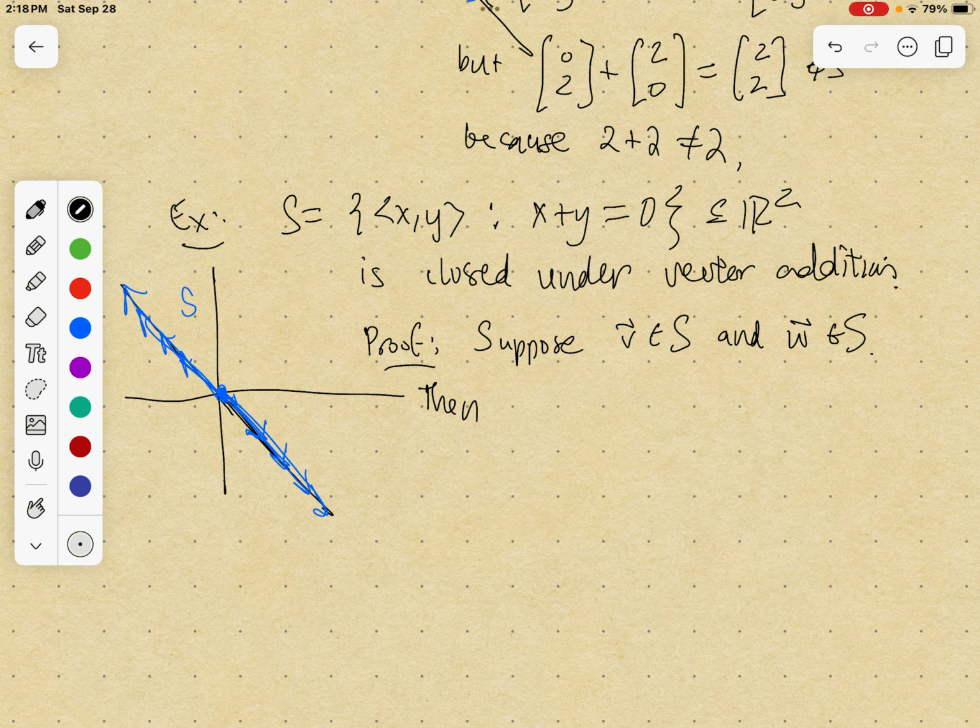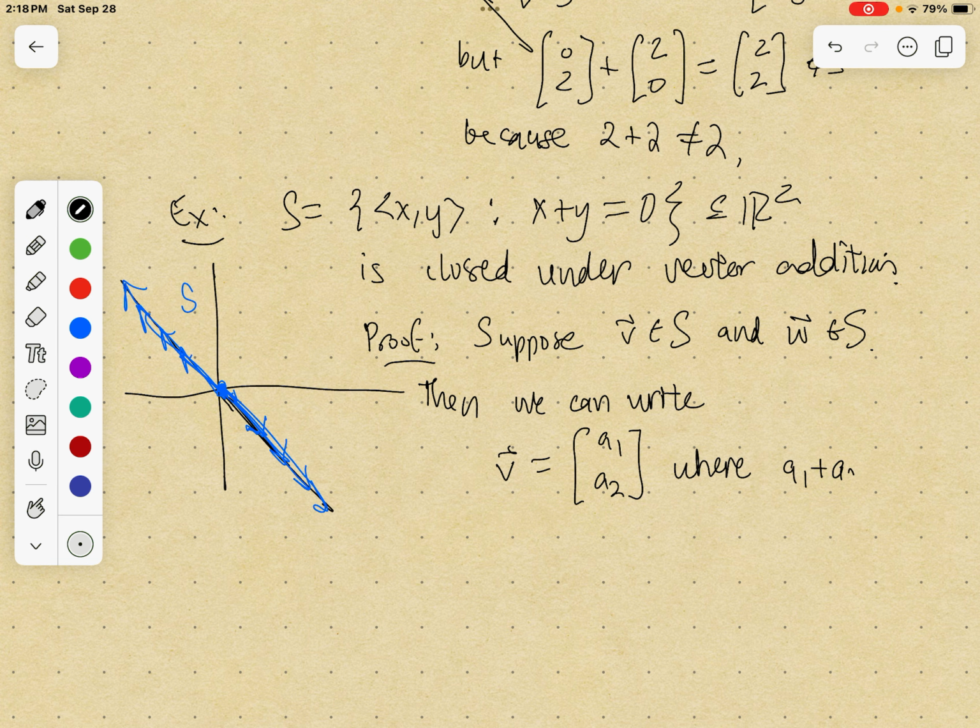Then by definition, because they're in S, we know that the sum of the components is 0. So then we can write V as (A1, A2), where A1 plus A2 is 0.